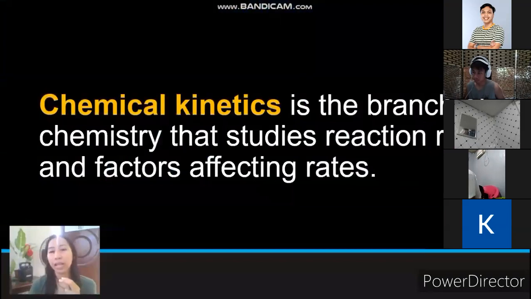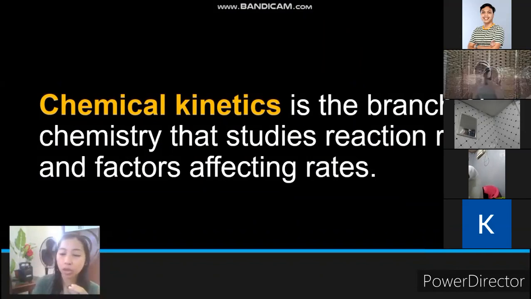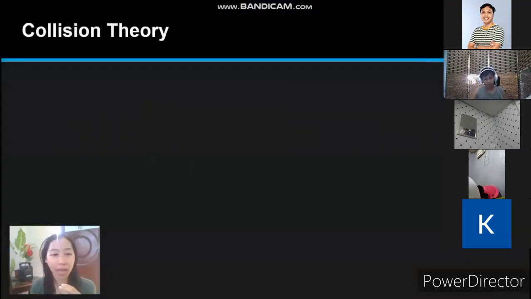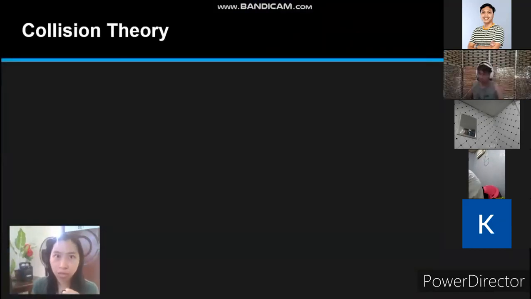So chemical kinetics, this word pertains to the branch of chemistry that studies reaction rates and factors affecting rates. So, as we all know by now, our molecules and actually atoms down to its subatomic particles are actually moving.